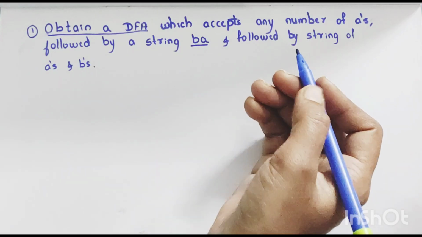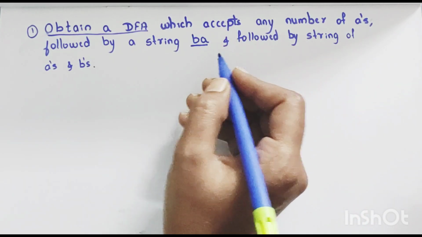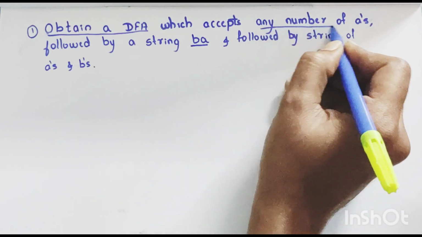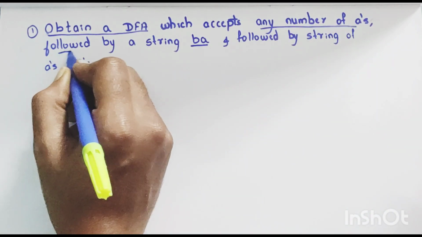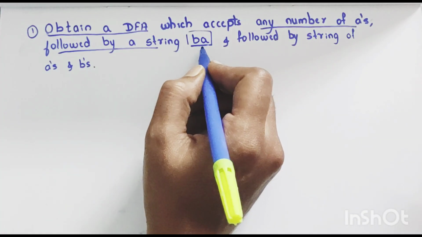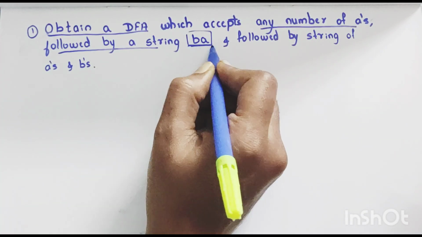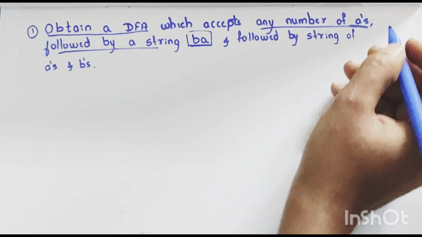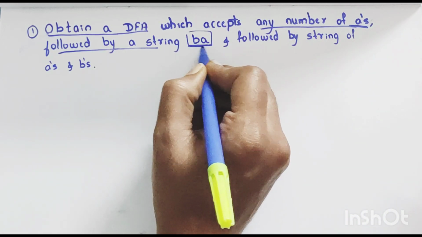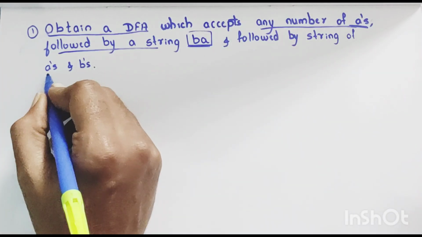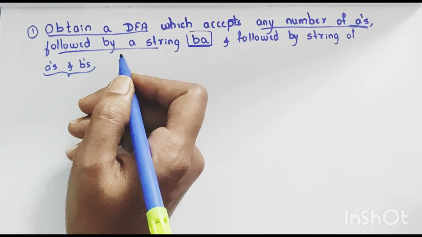Now the condition which is given to us is the DFA should accept any number of A's followed by the string BA. So here compulsorily the string BA should be there and it can start with any number of A's. After that we should get BA in the middle, then continued with any number of A's and B's.